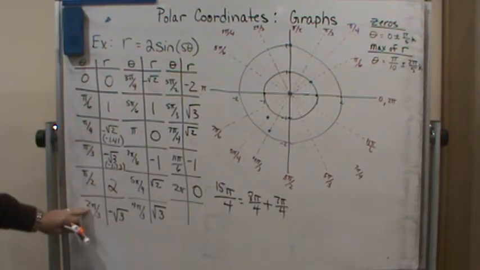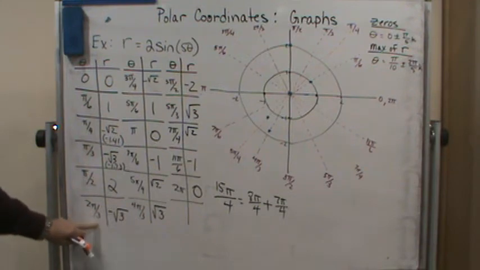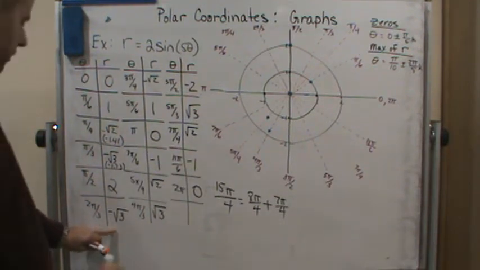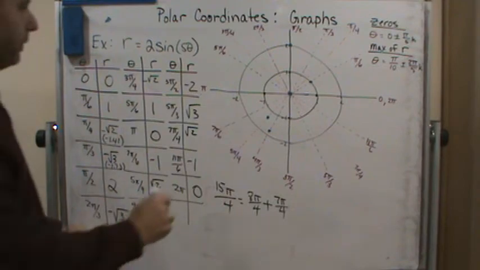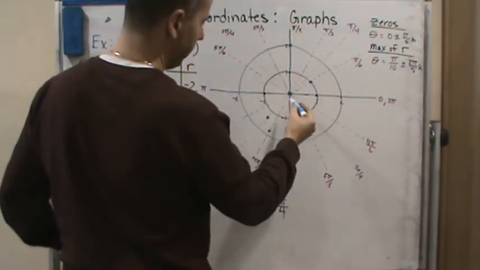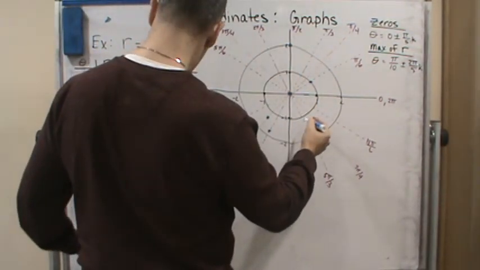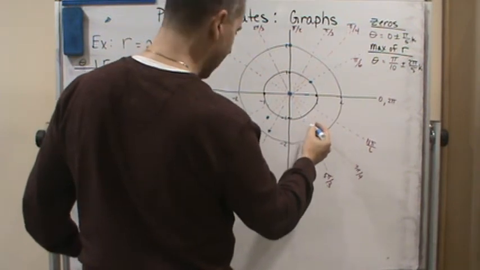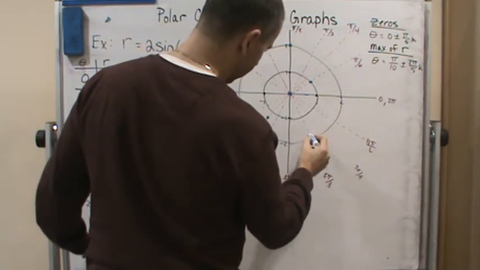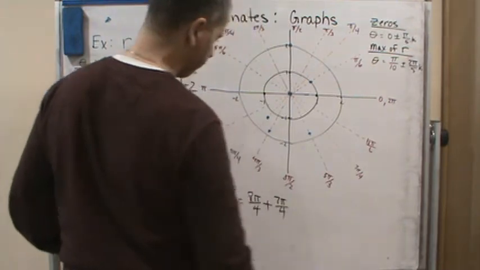And then at 2 pi over 3, it's going to be negative 1.73 again, so it's going to be over here, which is going to put it down here. So again, let's say right about there.